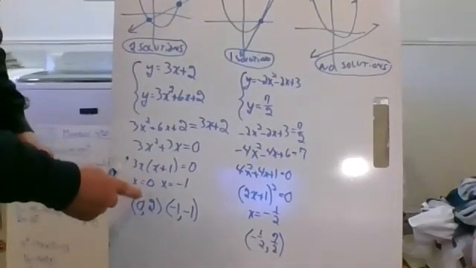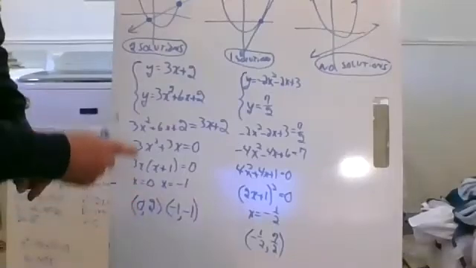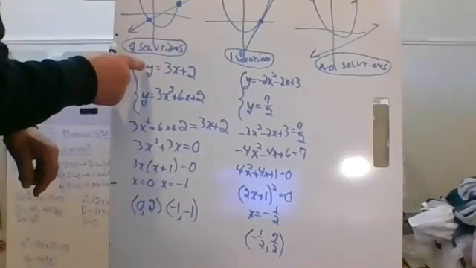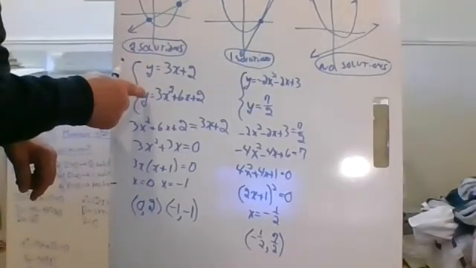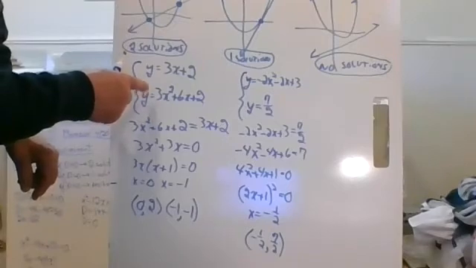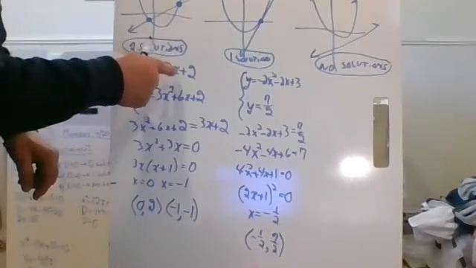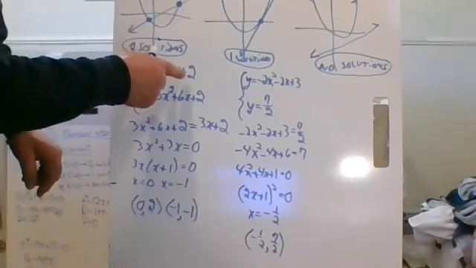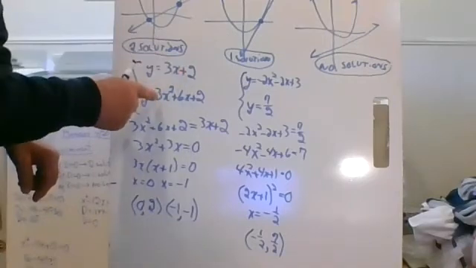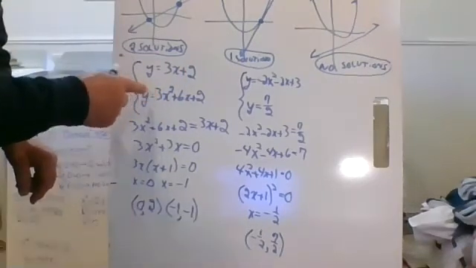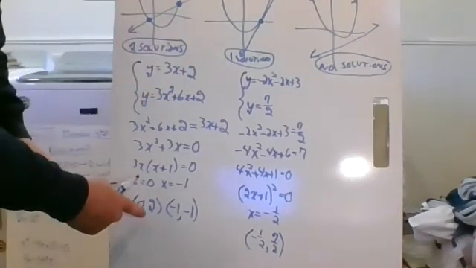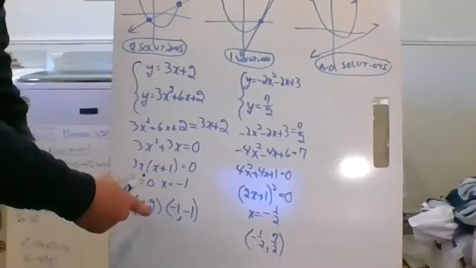And then for x equals 0, go back to the linear equation or the quadratic, either one, and plug in 0, and what do you get for y? You get 2, don't you, whether you plugged in here or here. And that gives you the ordered pair 0, 2.